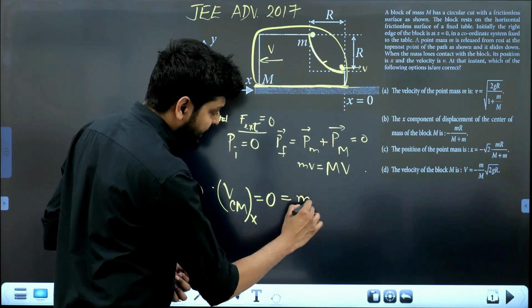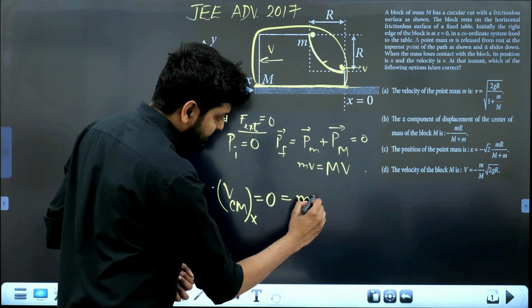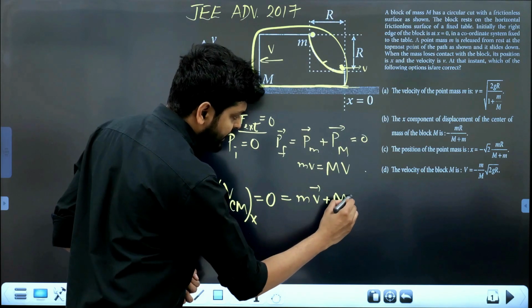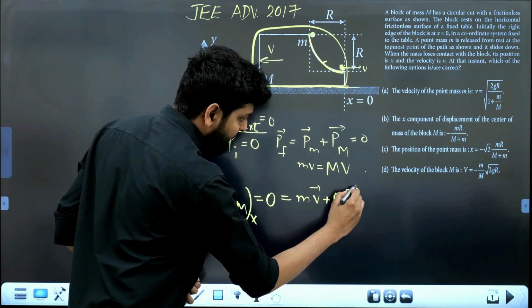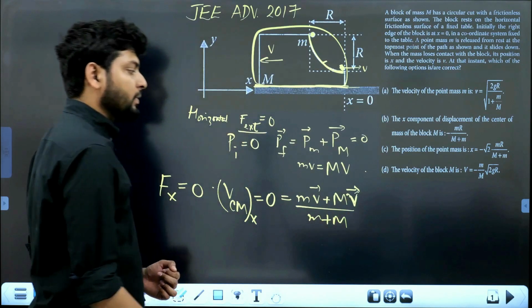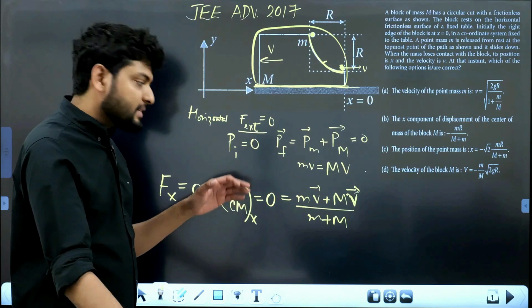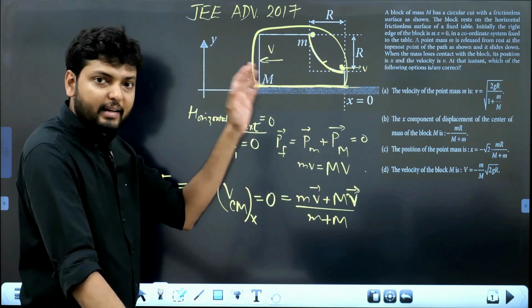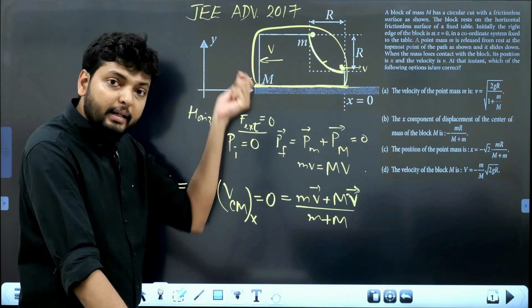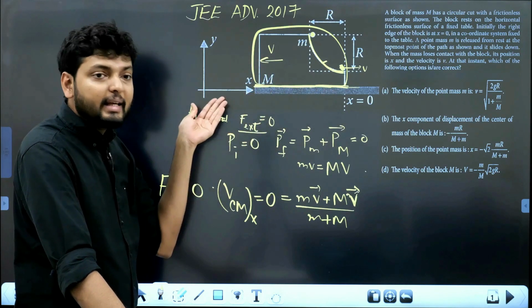Written vectorially, this is small m v vector plus capital M into capital V vector by small m plus capital M, right? Since the center of mass was initially at rest, it should continue to be at rest along the x-axis.